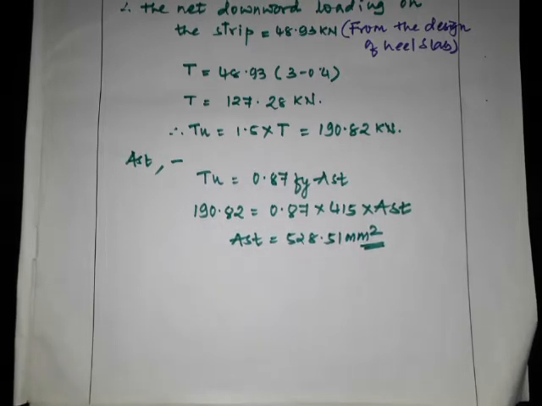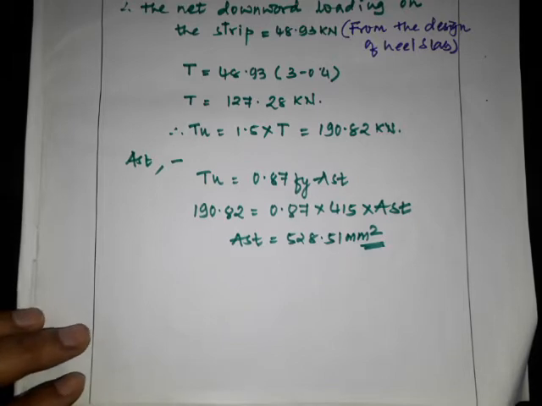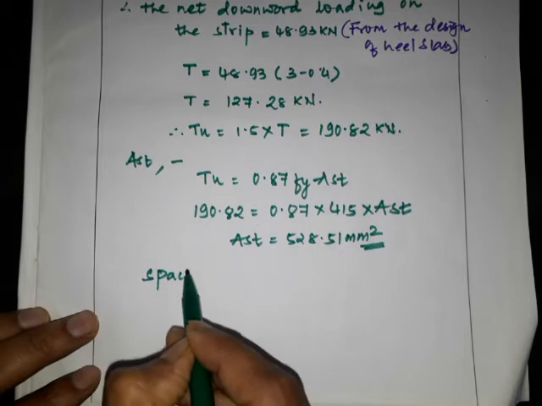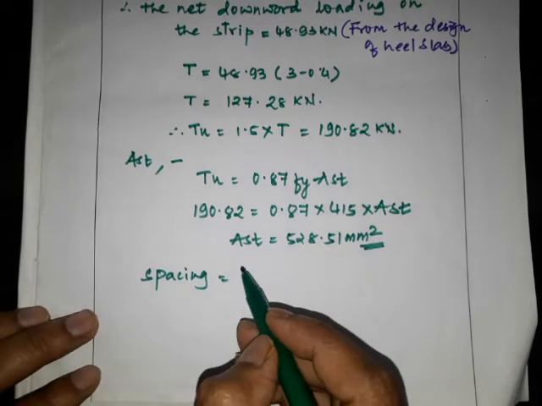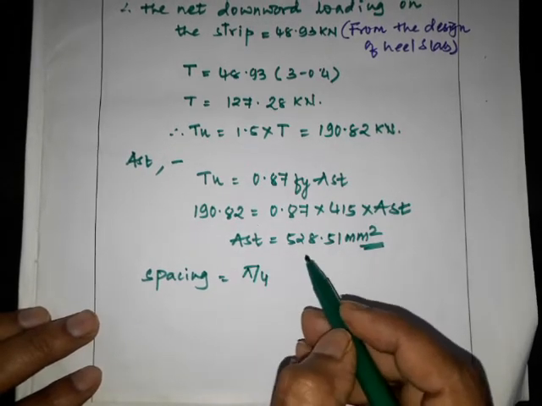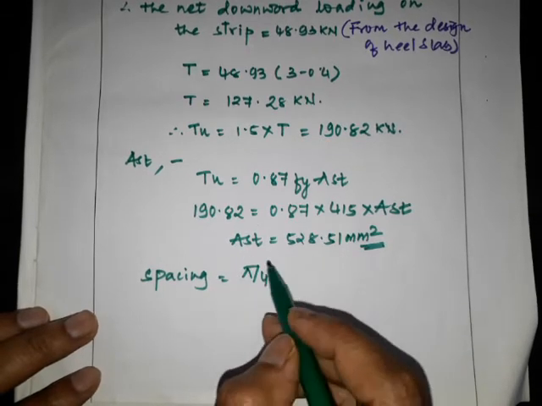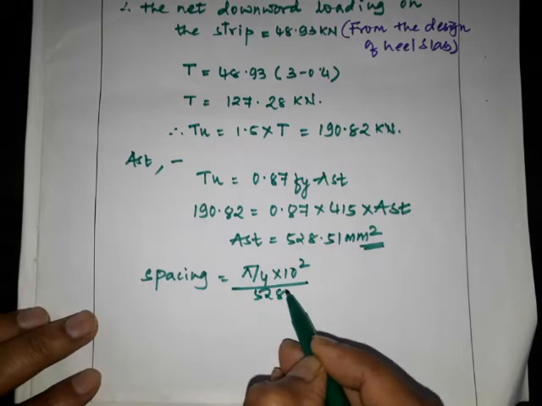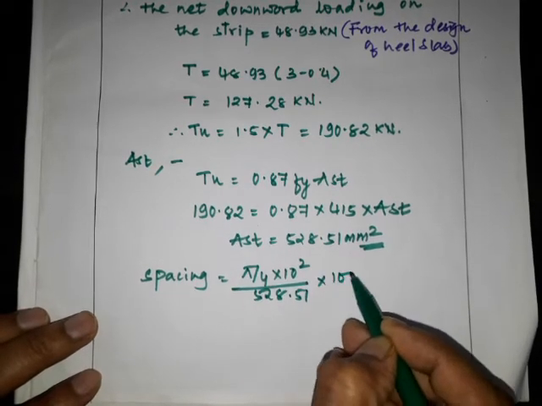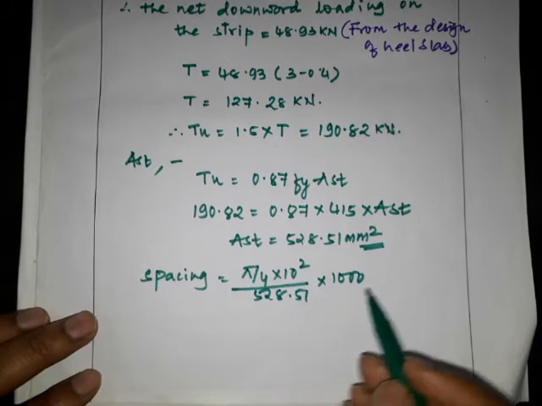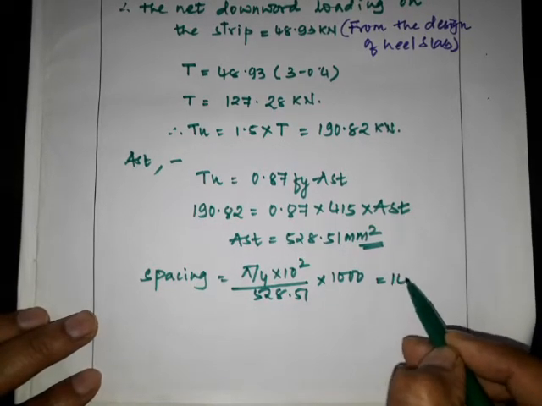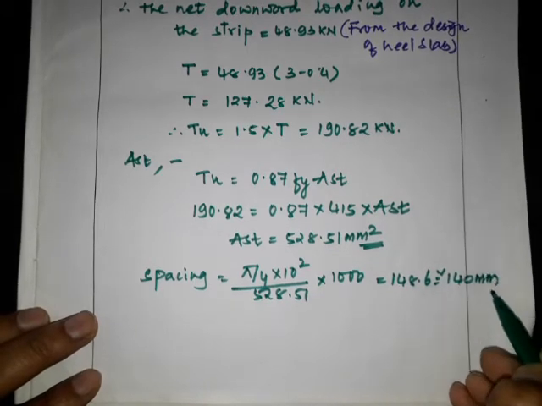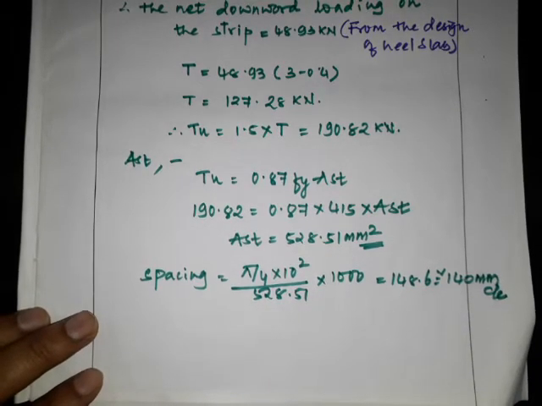Okay. So now again we have to find out spacing for that. We'll assume 10 mm dia here because the AST is more here. So pi by 4 into 10 square divided by 528.51 into 1000. So we get this as 148.6. So we'll convert to 140 mm center to center. Okay.